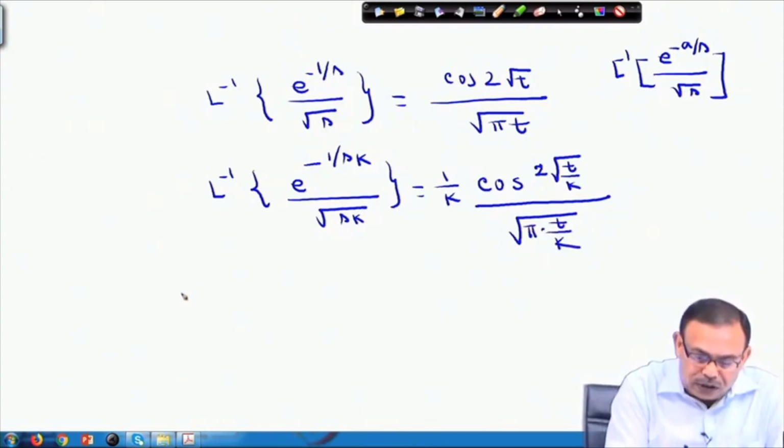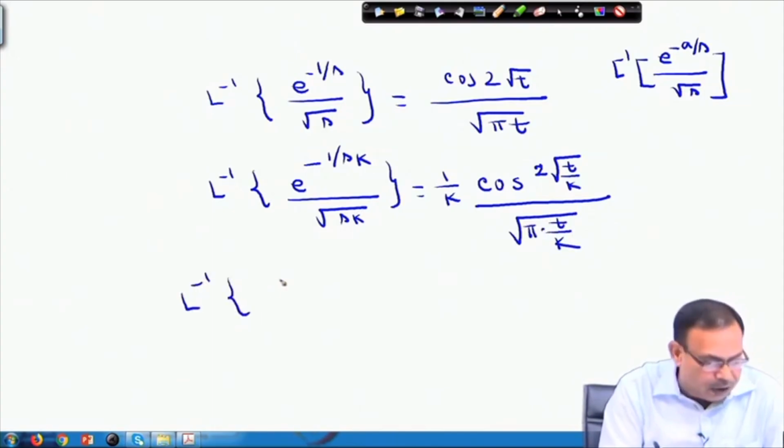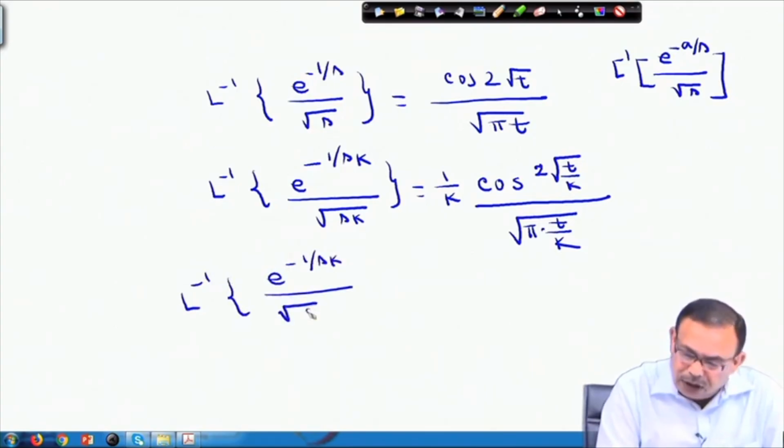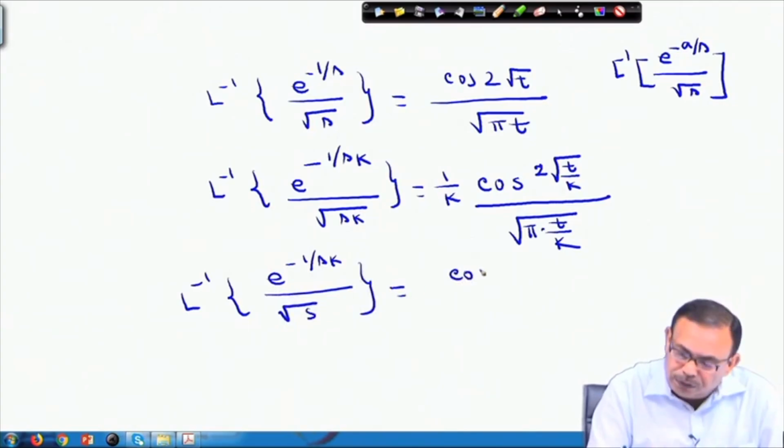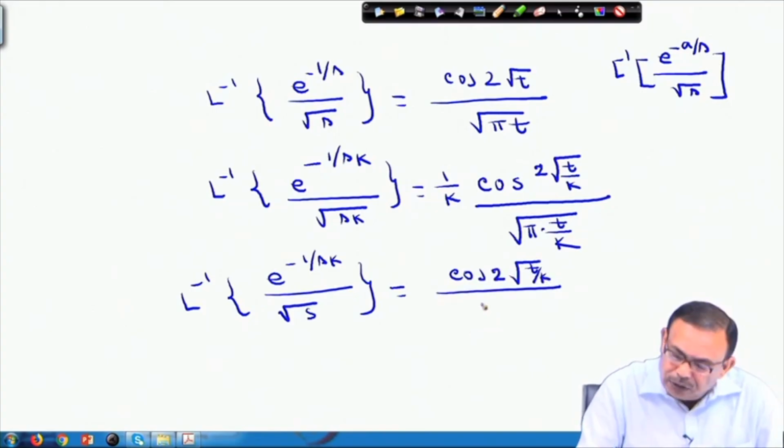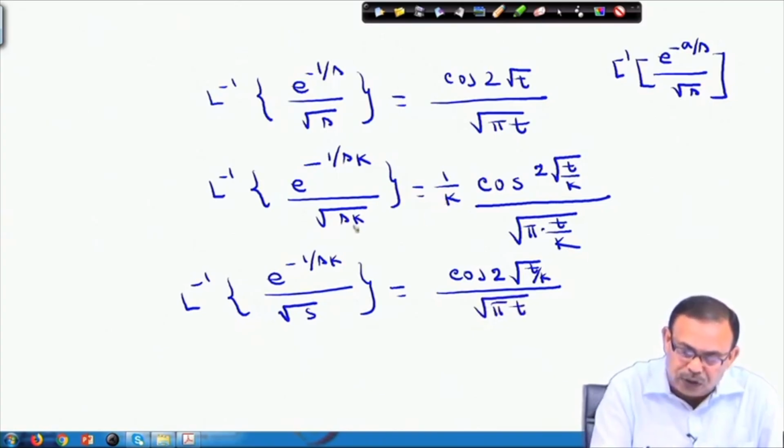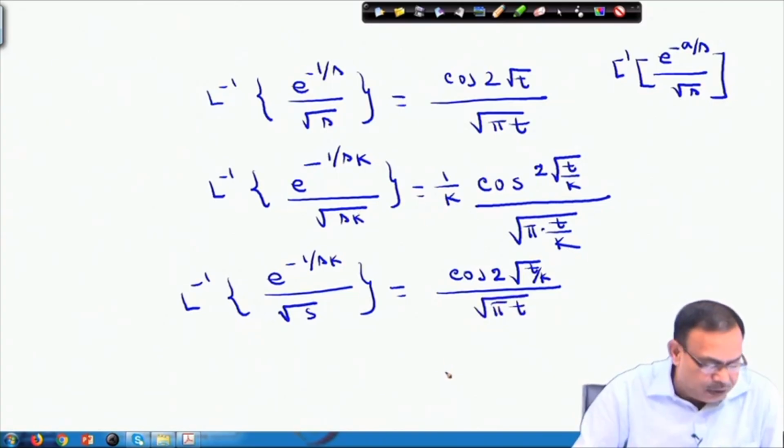Or in other sense, I can write down the Laplace inverse of e power minus 1 by s k by root over s. If I take that root outside, then cos of 2 into root over t by k will come here, and this thing will become root pi t, because root k is cancelled and that will cancel with this root k.